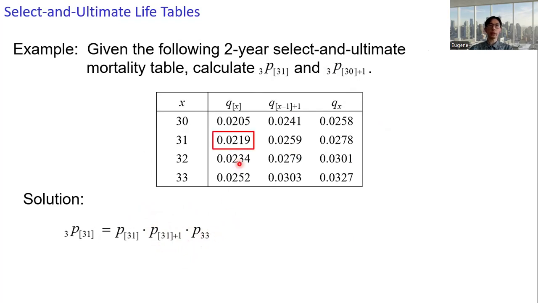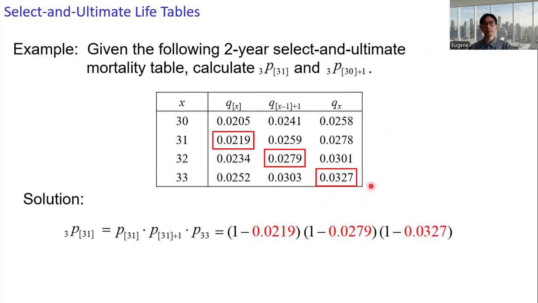From the table, for p[31], we have the q[31] here. And then 1 year later, go diagonally down to the right. And then p33. Upon calculation, we get 0.9197.